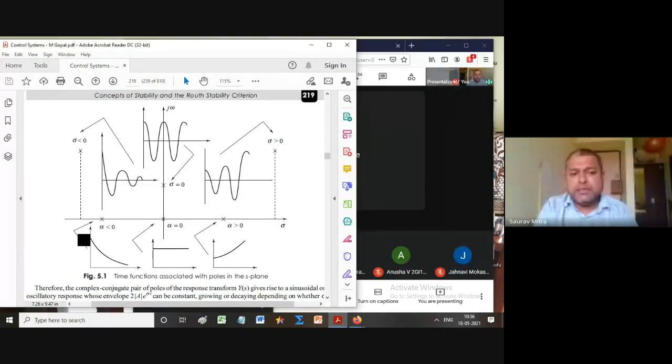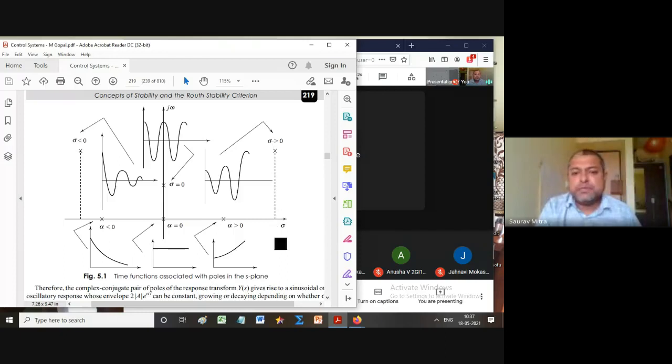So now a pair of poles on the negative side, minus 2 plus minus 3j, what will be its impulse response? Then you come here, plus 2 plus minus 3j. For minus 2 plus minus 3j, you are finding it is a decreasing kind of sinusoidal. So this is called a damped oscillation, kind of underdamping, and it is actually falling. This oscillation is falling with an exponential curve of e raised to minus 2t.